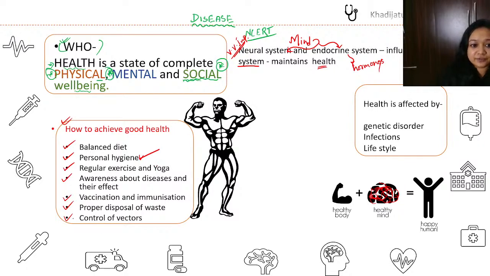Then coming back to the very important part of this chart, which is control of vectors. What are vectors? Vectors are like vehicles. What do they do?